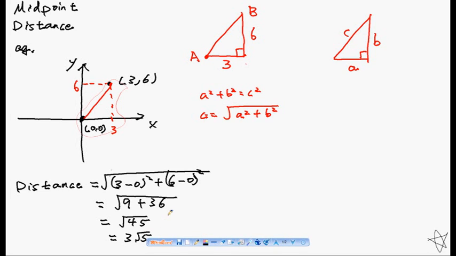That's the distance, and you put a unit there: 3 square root 5 units.